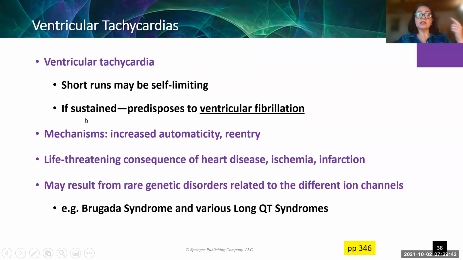If it goes on long enough, if the ventricle is pumping too fast, because of all of the reasons that we just talked about, the ventricle contracting means it doesn't fill very well. When it's contracted, the muscle tissue of the heart itself cannot be fed. It can't get enough oxygen. Then it can proceed to something called ventricular fibrillation, in which case we don't have coordinated contraction anymore.